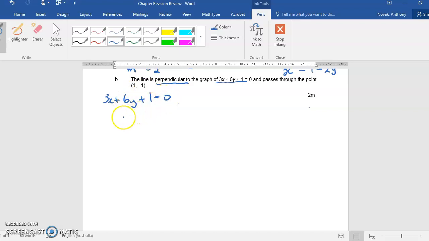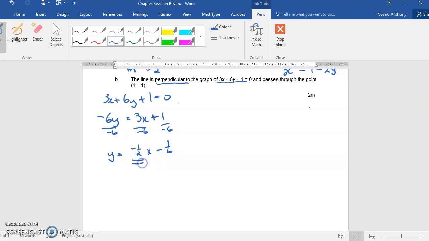We'll take the 6y across. So that's negative 6y, because we subtract 6y from both sides, and leaves us with the 3x plus 1. Divide everything by negative 6. And we have y equals negative a half x minus 1/6.